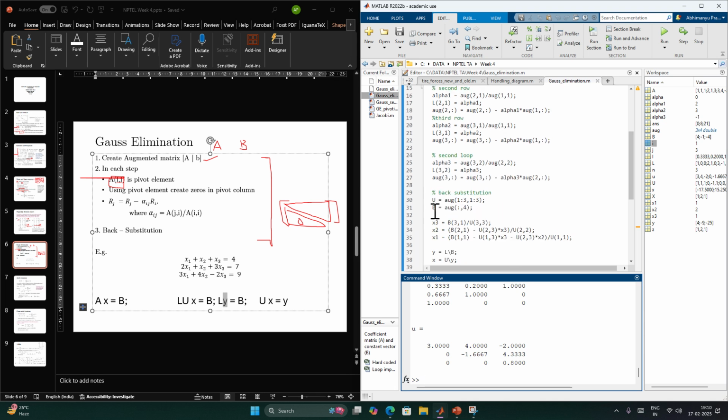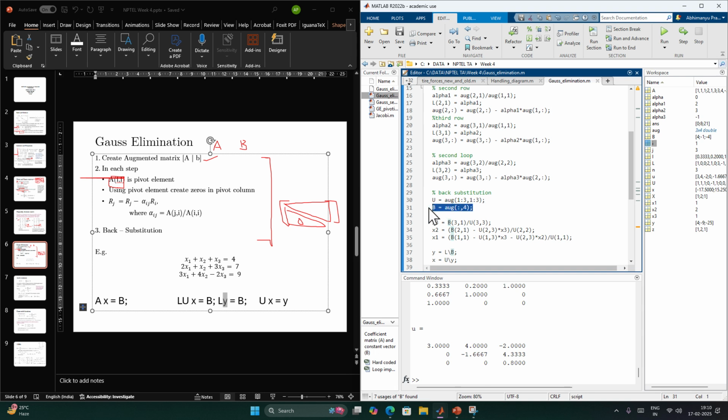Yeah, okay. Sorry. So I'm using this different P matrix. That is why the error is happening. Let me use the original matrix.